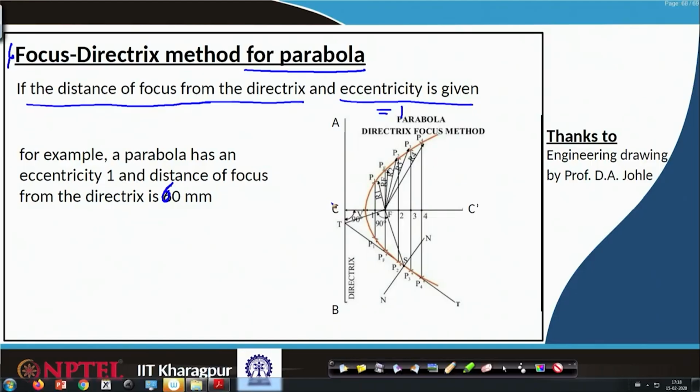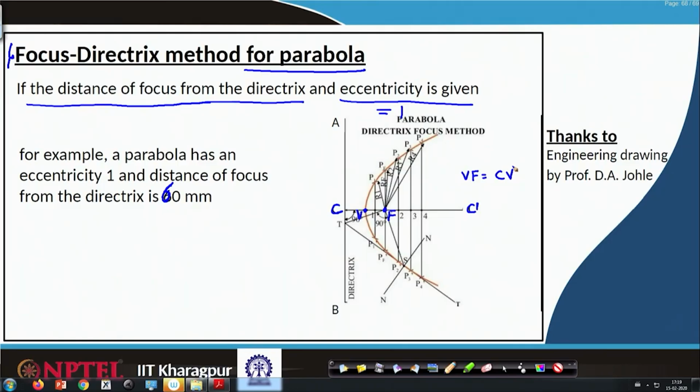Let us call this point C and this C prime, and the focus in our definition F. By eccentricity, we will be in a position to locate V, where VF is equal to CV.